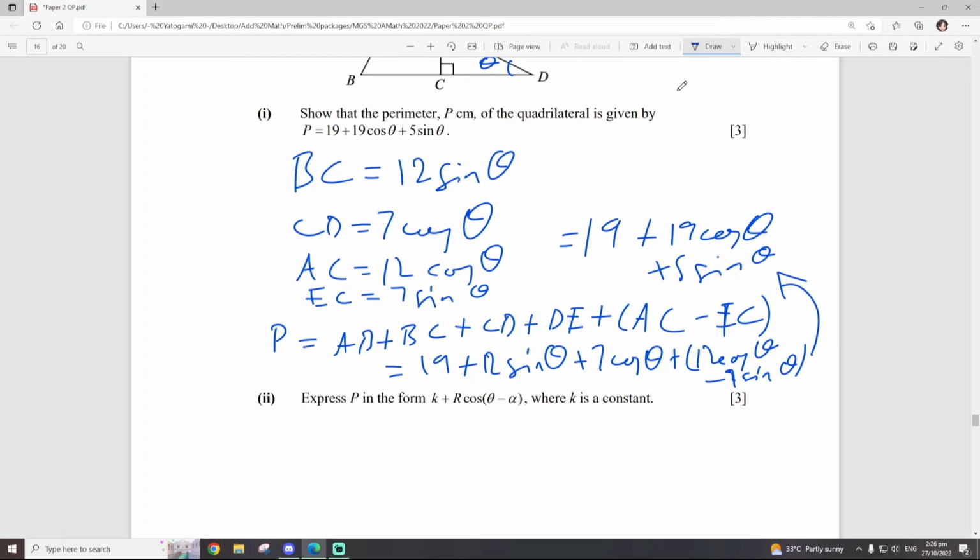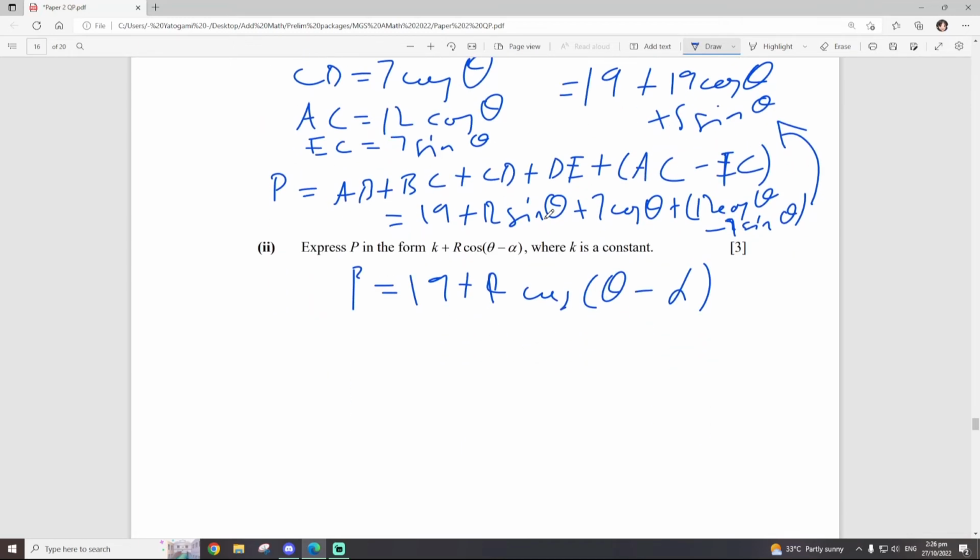So P, obviously the 19 we will keep on the outside, plus, okay, R cosine theta minus alpha. So R is square root 19 squared plus 5 squared, well, you can keep the exact answer, it's square root 386.